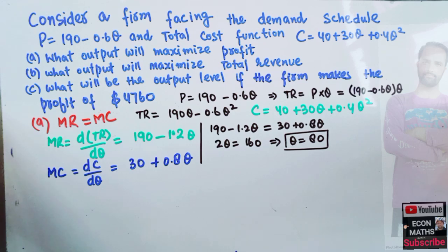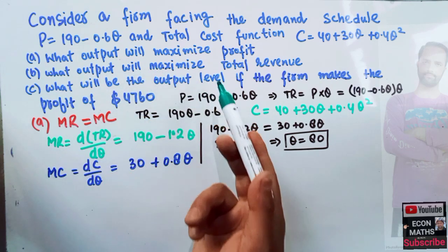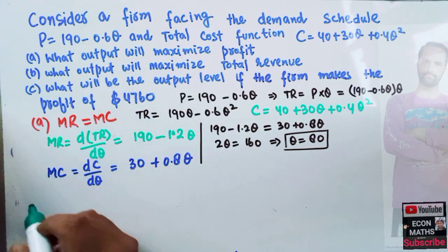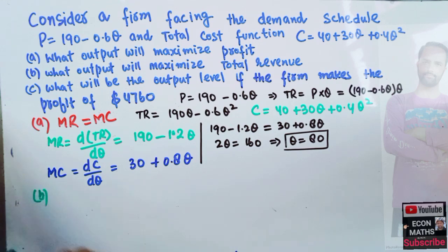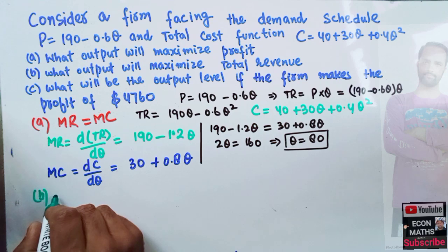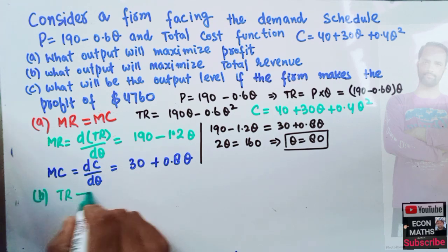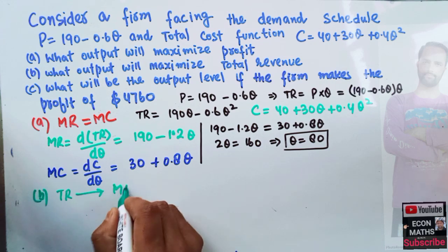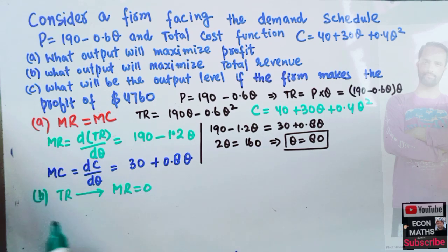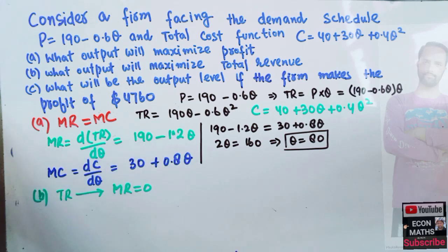Now the second part tells us what will be the output level if we want to maximize total revenue. To maximize total revenue, our marginal revenue should be equal to 0. We have got the marginal revenue function, this is our marginal revenue function.